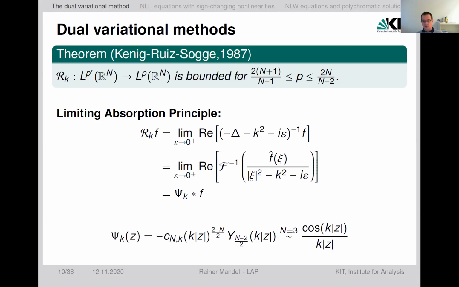So you go back to the original problem that you're interested in, and you want to save as much of the mapping properties of this operator as possible. And this is what a good limiting absorption principle gives you: good topologies in which this limit exists. And Kenig, Ruiz, and Sogge were able to show that this operator is a well-defined operator from L^p prime to L^p.